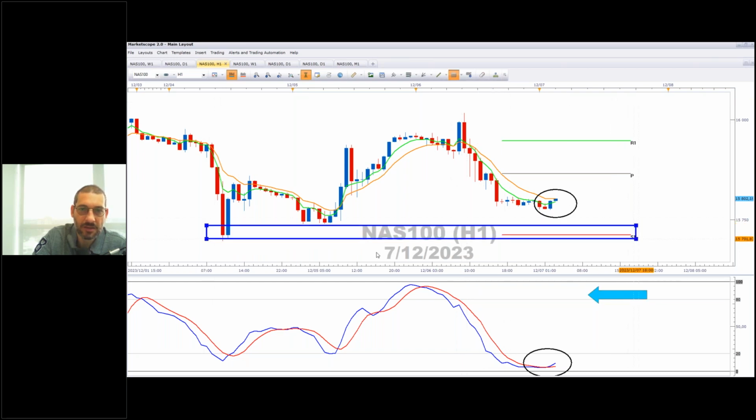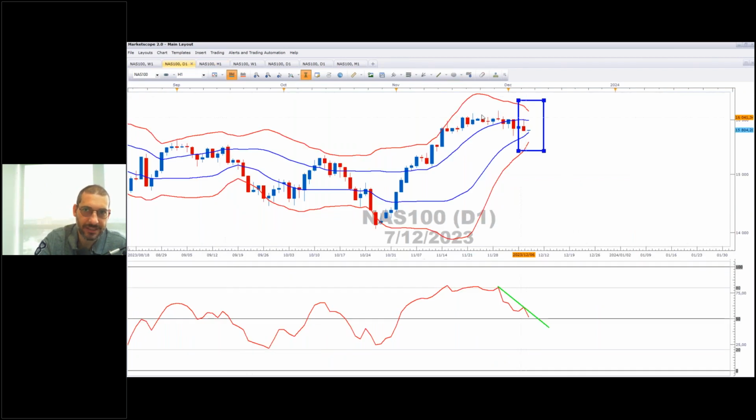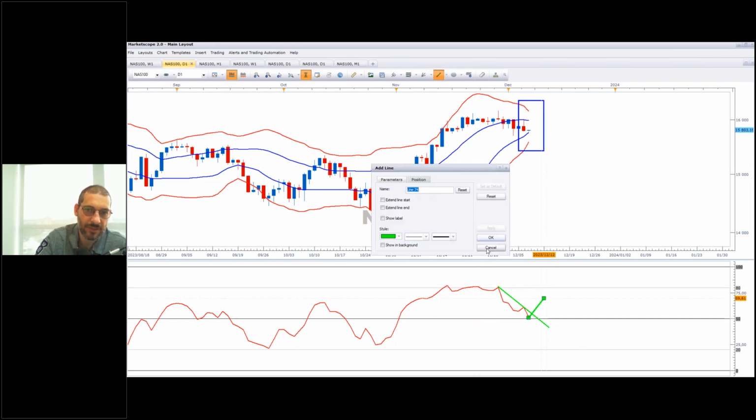Okay, the S1 level. So it looks as if we're potentially getting some sort of dip here, and I think that the NASDAQ is setting up for something. We move from this overbought condition. It's now normalized. What would be very interesting is to see a break upwards.